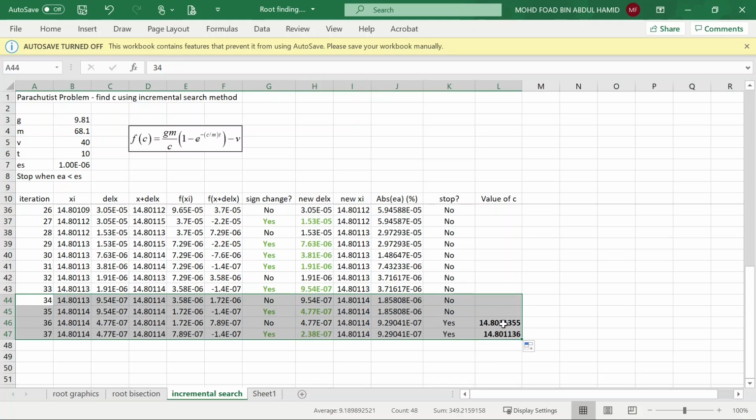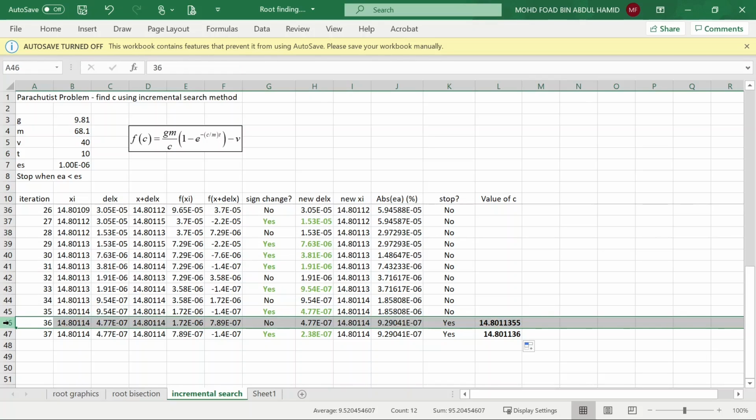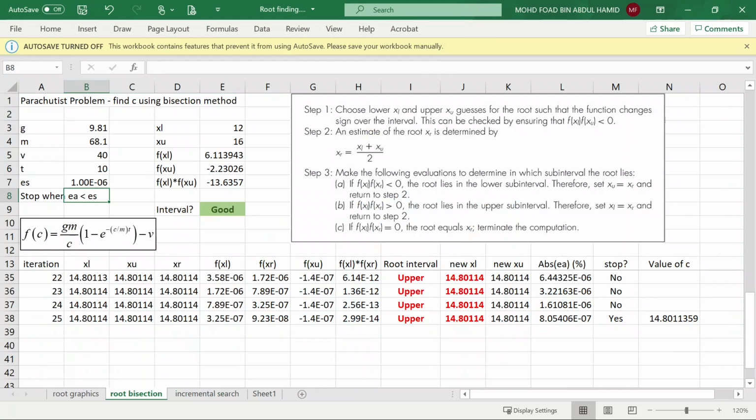Okay, so it stopped at iteration number 36. It stopped at iteration number 36. And look at the result. The result is 14.8011355.